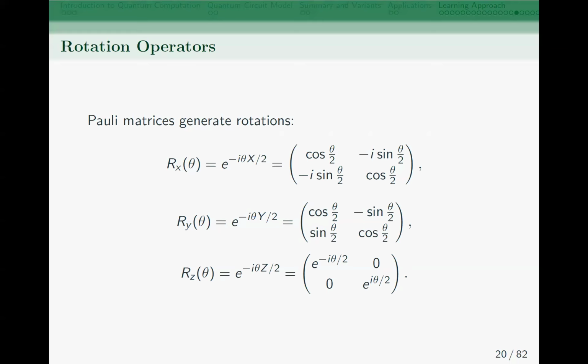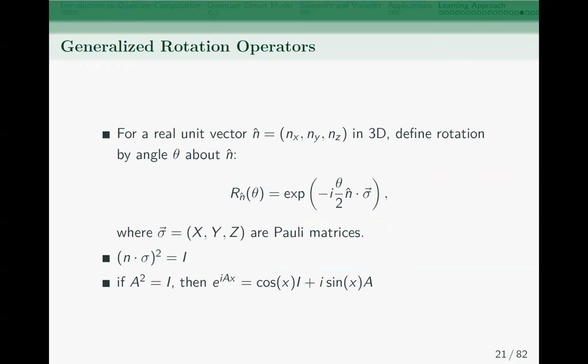If I correctly remember, you take cos(θ/2) I minus i sin(θ/2) times the Pauli matrix, and you take this as the rotation. If you plug it in, you can see these are rotations. If you take any real unit vector n, you can define a rotation by theta along this vector.